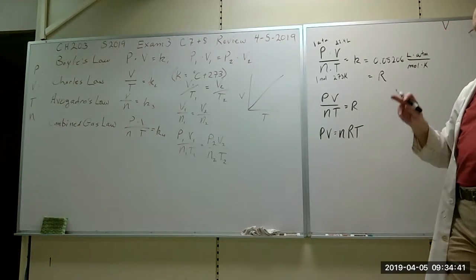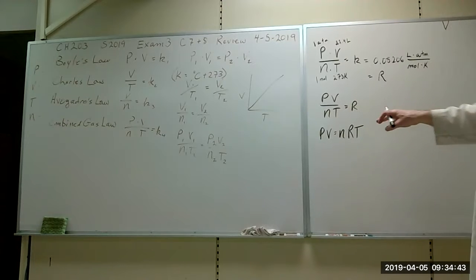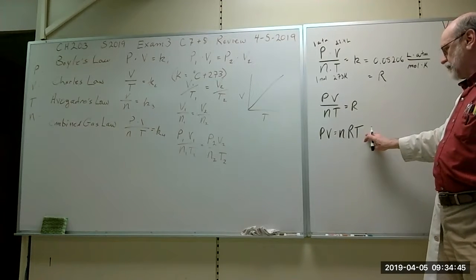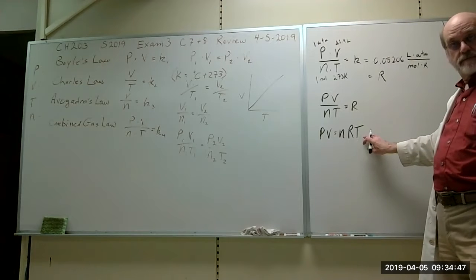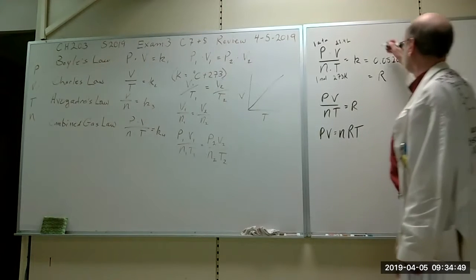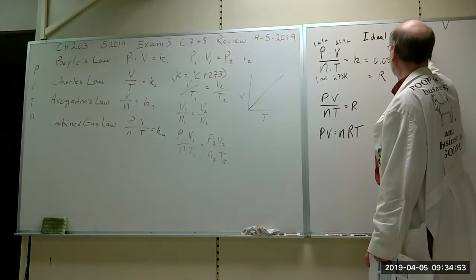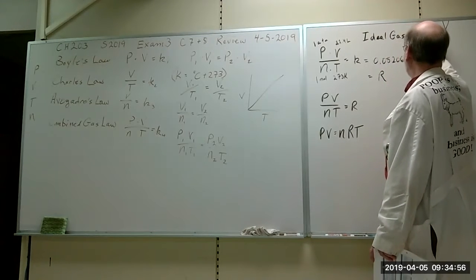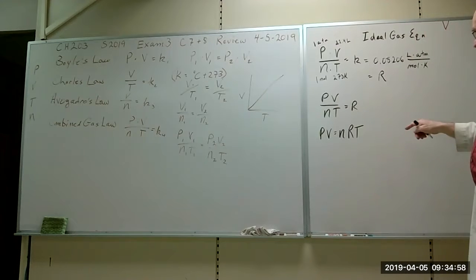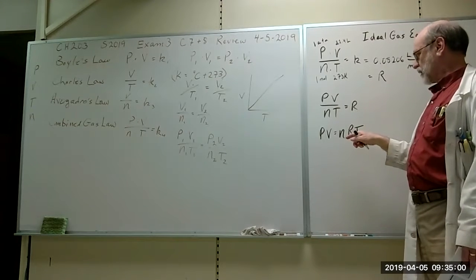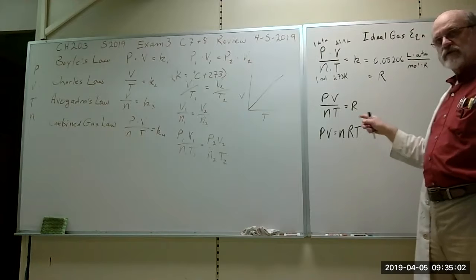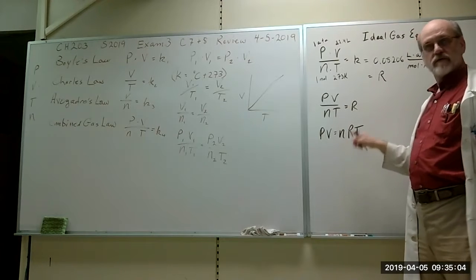And this tells you the units that each one of these have to be in. That's the only condition for using the ideal gas equation. That's what this is called. You have to use the same units of measure that are in your constant value.